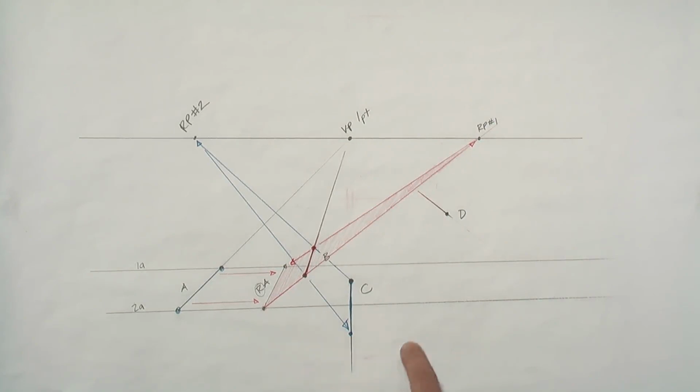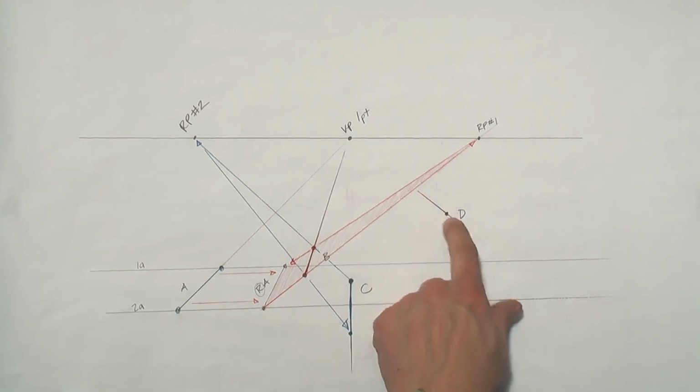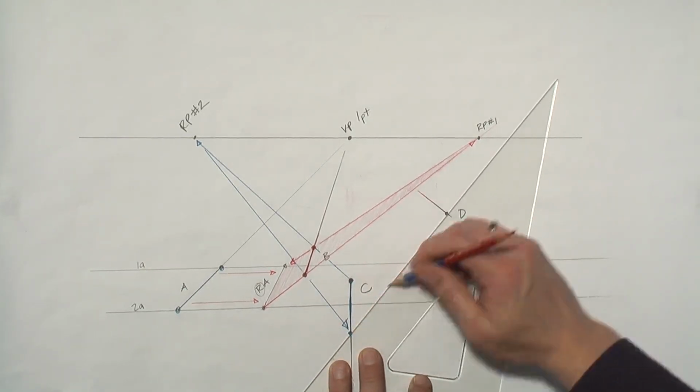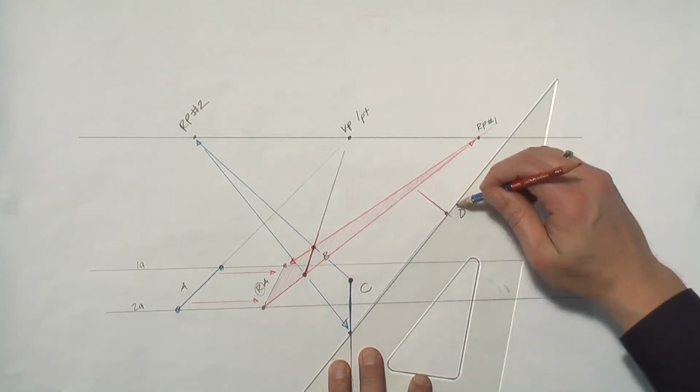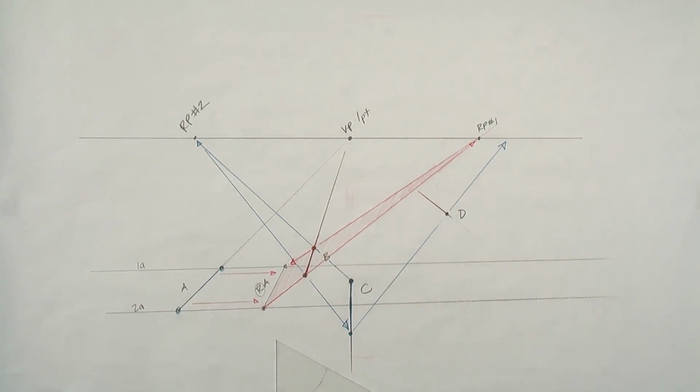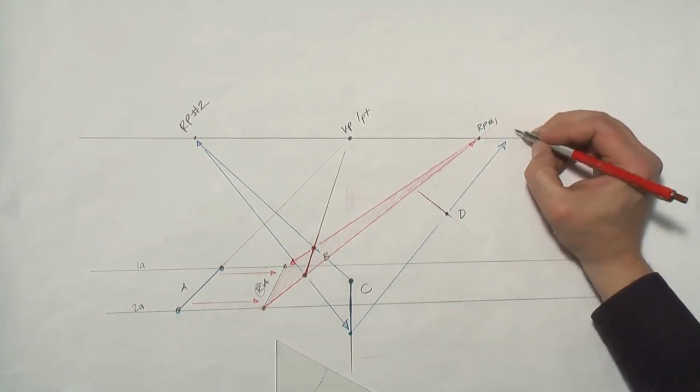Okay, so how do I reference D using C, which would be pretty convenient? Again, we'll use our blue lines again. And I can go from the head of C now to the head of D. Make another reference point. That will be called reference point 3.